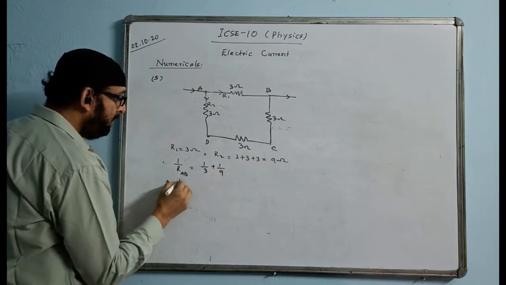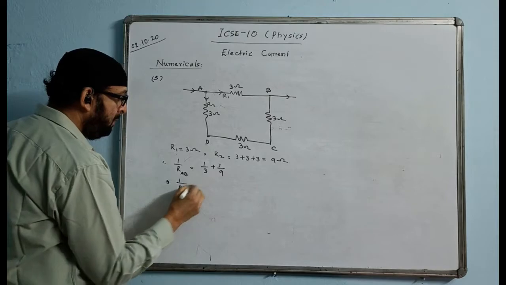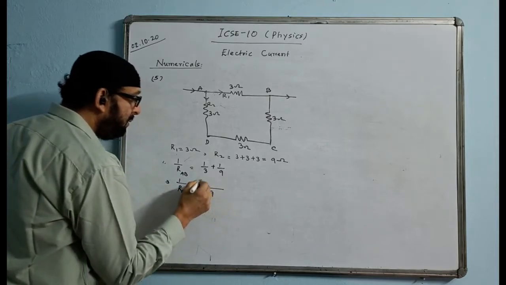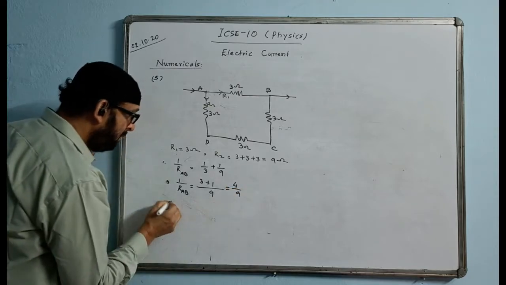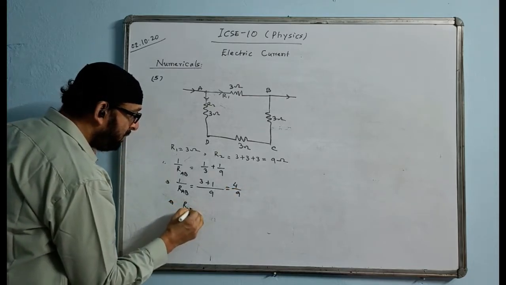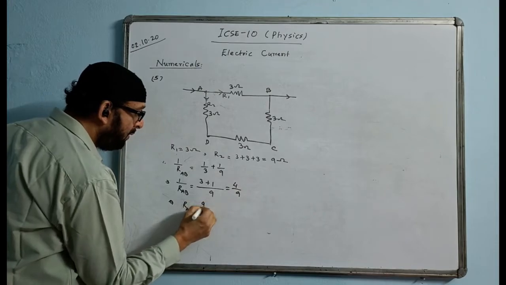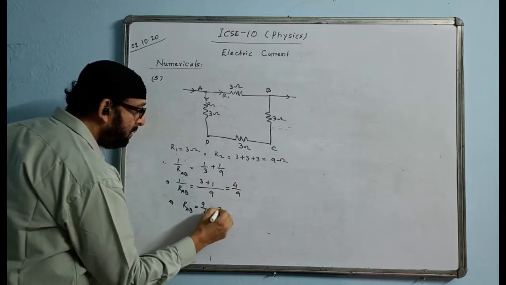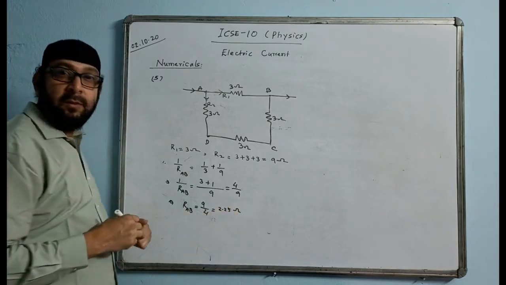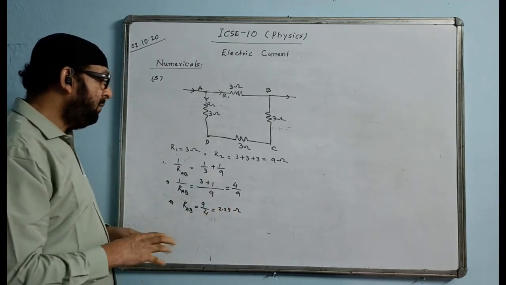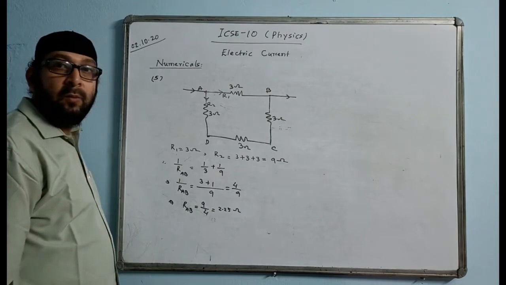Now we will complete the answer. LCM of these two is 9, so it comes to 4 by 9. Therefore RAB is the reciprocal, 9 by 4. The answer is 2.25 ohm. The resistance between the points A and B is 2.25 ohm.